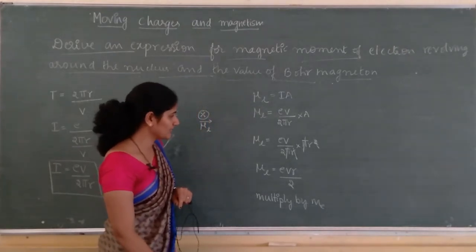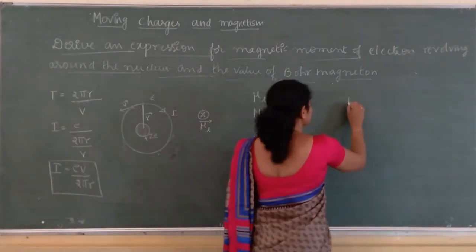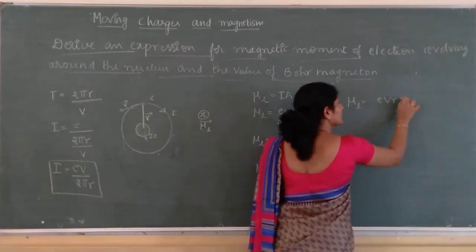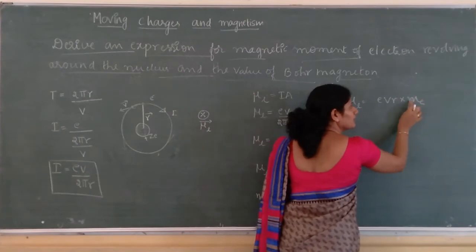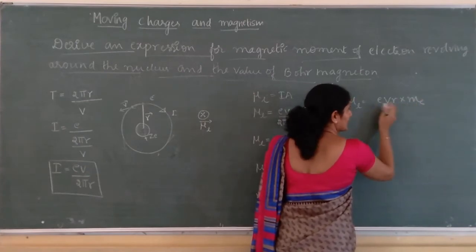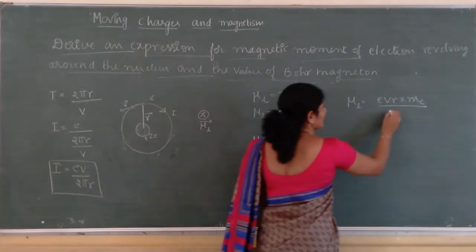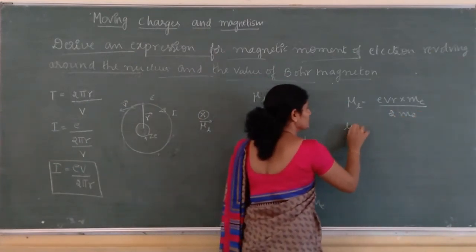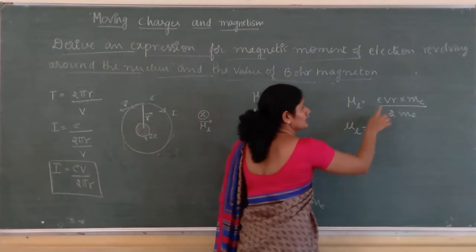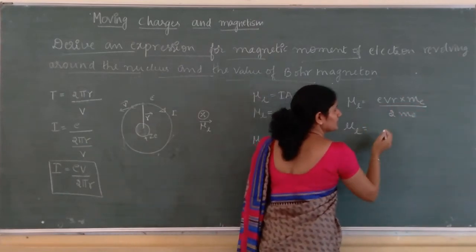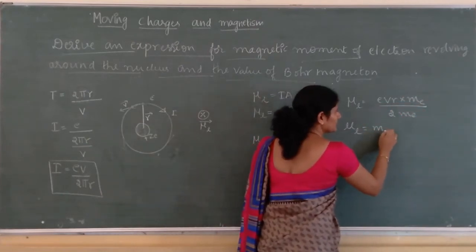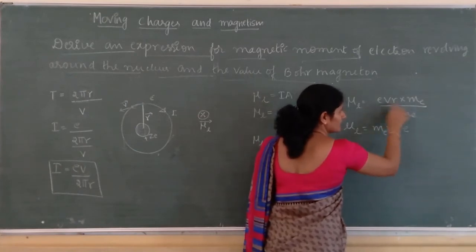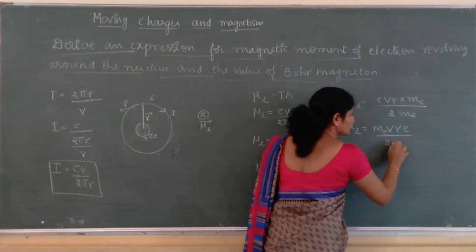So, multiplying by me, mu L is equal to EVr into me divided by 2 into me. So, mu L is equal to me V r into E, same equation, divided by 2me.